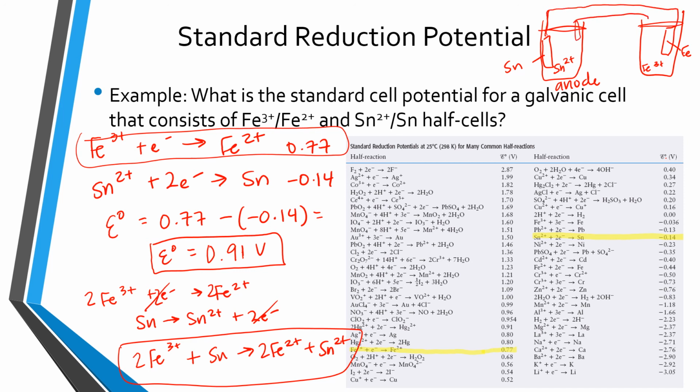Of course, we'd have to have our salt bridge. So there's kind of the setup of the cell. If we wanted to do it in line notation: tin, tin 2+, salt bridge, iron 3+, iron 2+. There's our line notation. All right, guys, so that's it for galvanic voltaic cells.